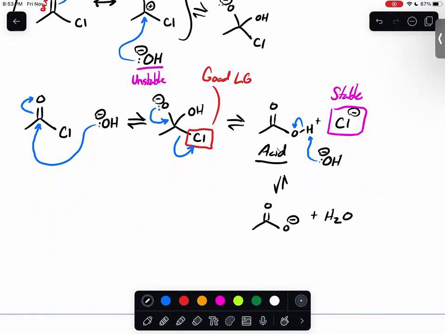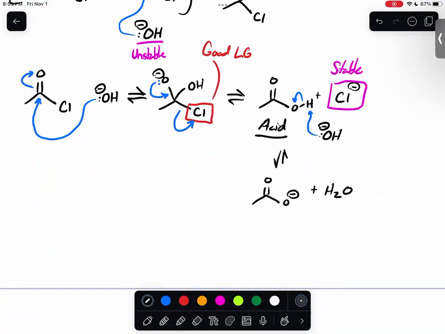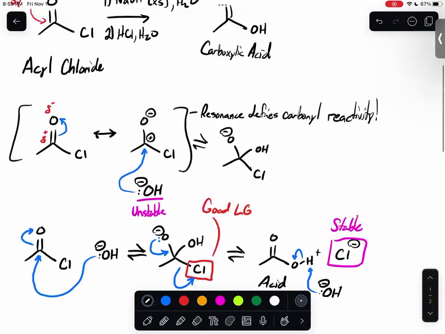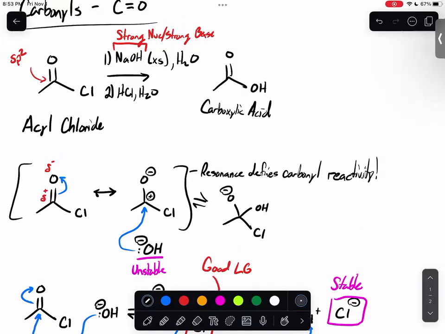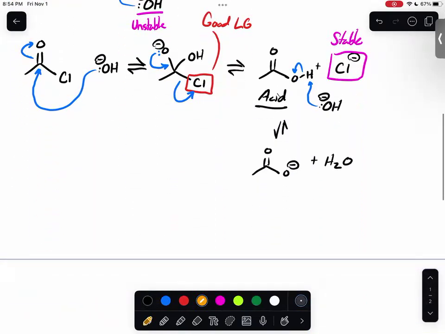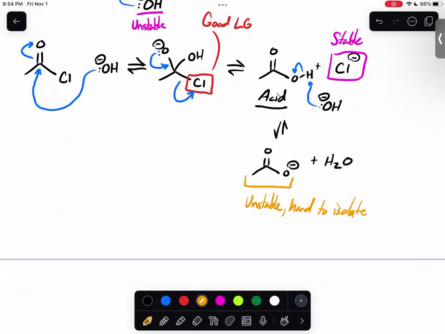Now then, from here, this is officially the end of the reaction, right? That would be the end of step one here. And then step two, this HCl, H2O, is what we call a workup step. And you're going to be seeing a lot of these around, because these workup steps essentially are going to take what is a relatively unstable and hard to isolate ion, and turn it into something that's actually isolatable, right?